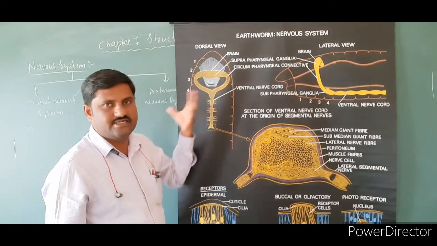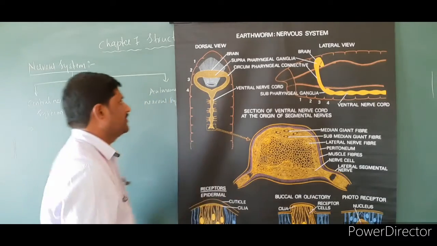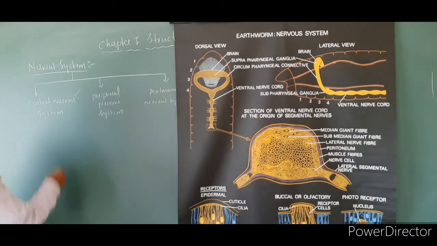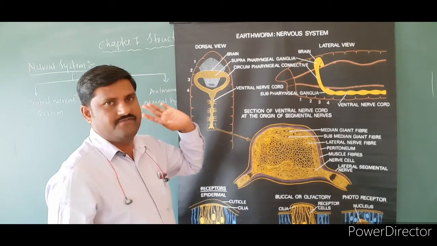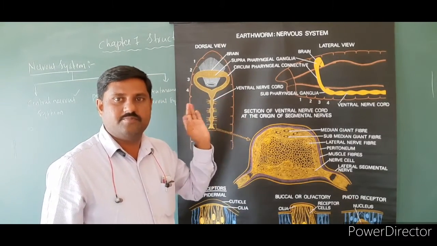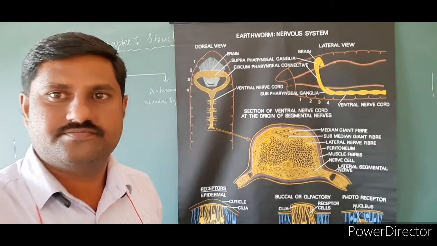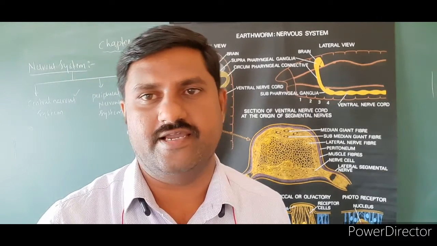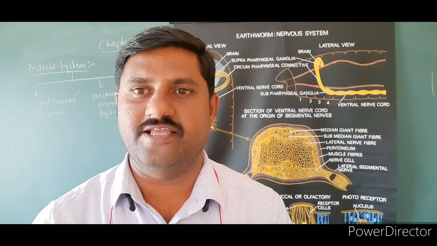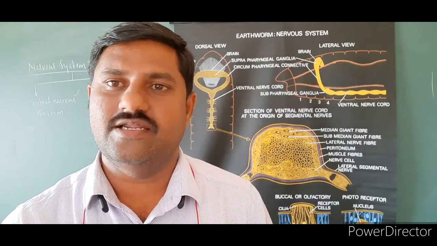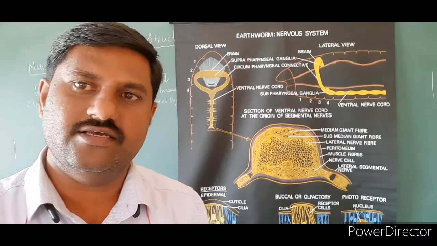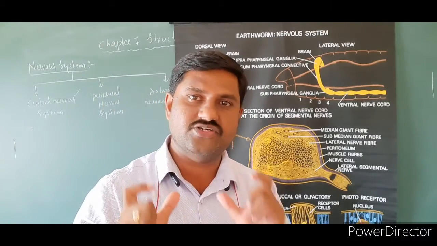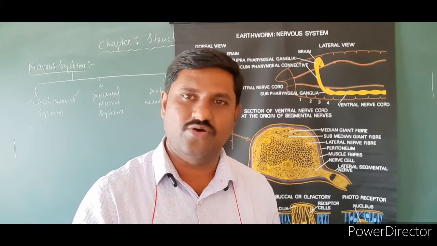Let us study the central nervous system over here. Very easily you can observe over here. The central nervous system mainly consists of some parts like suprapharyngeal ganglia as well as subpharyngeal ganglia, and the next one is peripharyngeal connectives, the major structures that we come across over here.